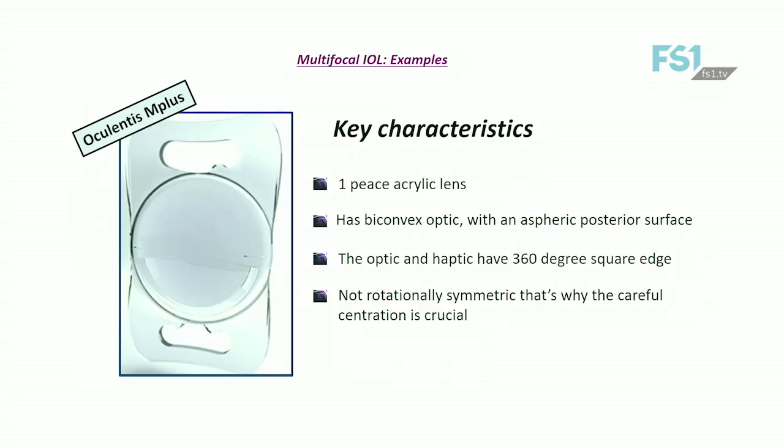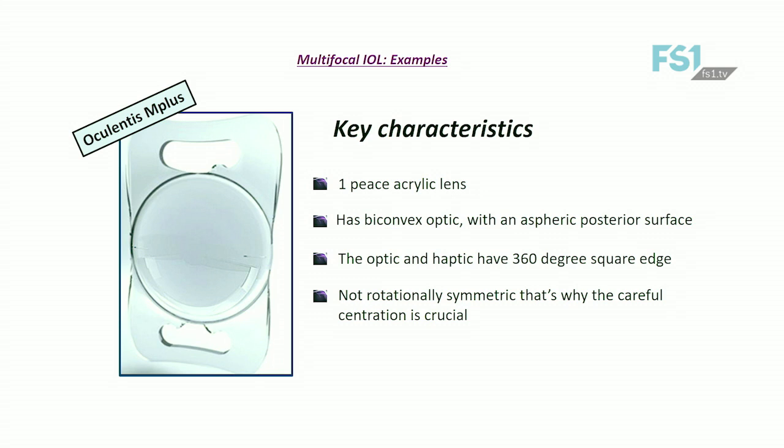Key characteristics of this lens are that it's a one-piece acrylic lens with a biconvex optic with an aspheric posterior surface, and the optic and haptic have a 360-degree square edge and are not rotationally symmetric. That's why careful centration is crucial.